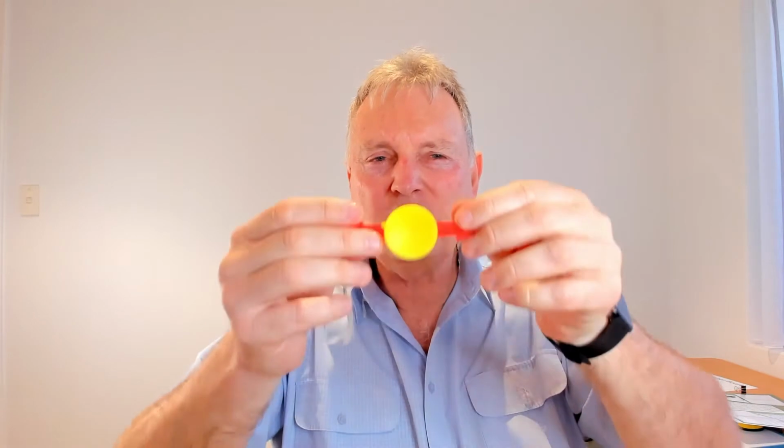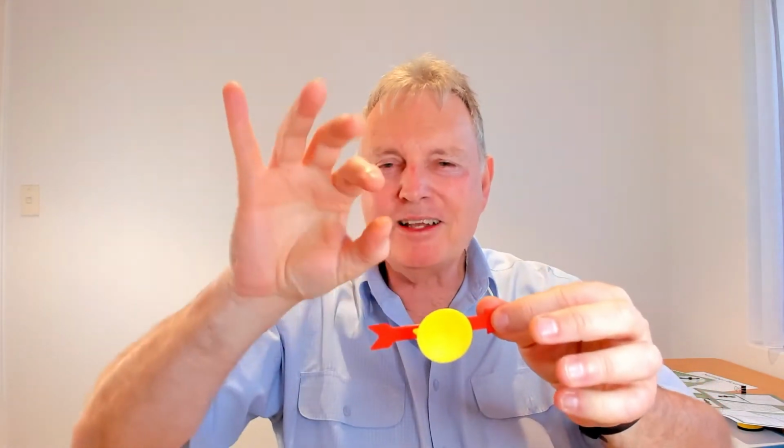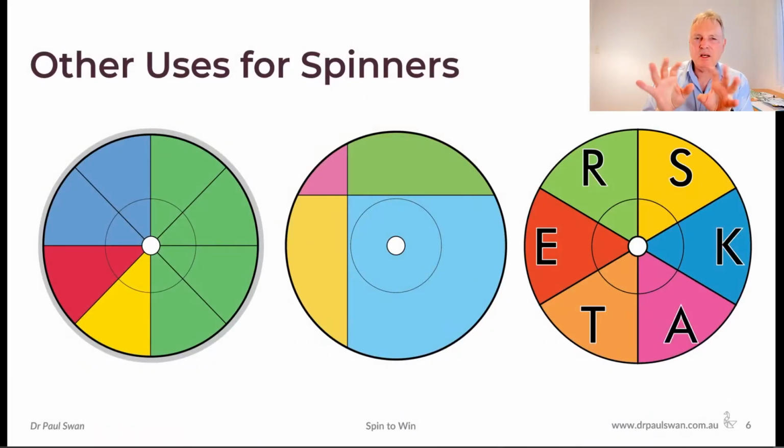Well, that little extra circle in the middle just helps you to position it in the right spot so that it's right in the center. So even the design, just have a look there, there's that extra circle in the middle. That means I can take this spinner and put it in the right space so that I'm not getting an impartial spin. I'm getting a fair spin.